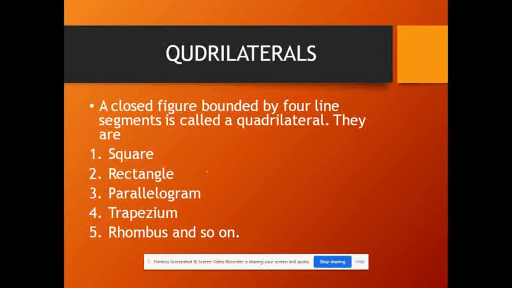That is the only difference between a triangle and a quadrilateral. Here we have some quadrilaterals like square, rectangle, parallelogram, trapezium, rhombus, and so on. A square consists of four sides, rectangle also consists of four sides, parallelogram also, trapezium as well as rhombus. All these figures are enclosed by four line segments.